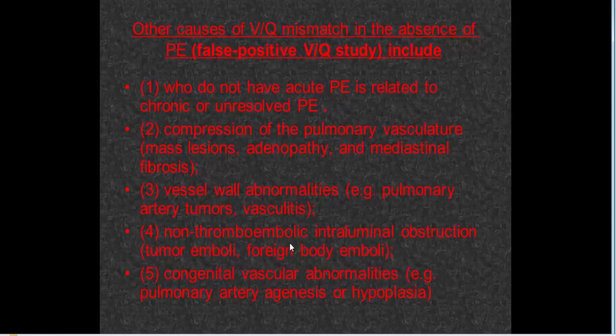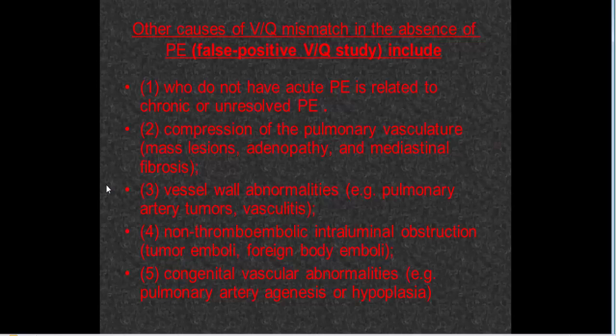As we see, the study cannot differentiate between thrombotic and non-thrombotic causes of pulmonary embolism. Lastly, congenital vascular abnormalities like pulmonary artery agenesis or hypoplasia give false positive ventilation perfusion studies, but spiral, helical, or multi-detector CT can detect these abnormalities.